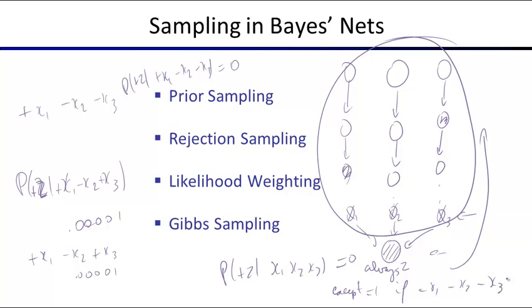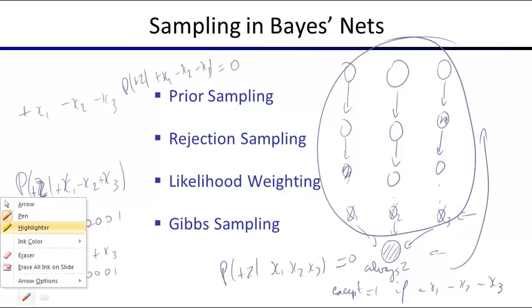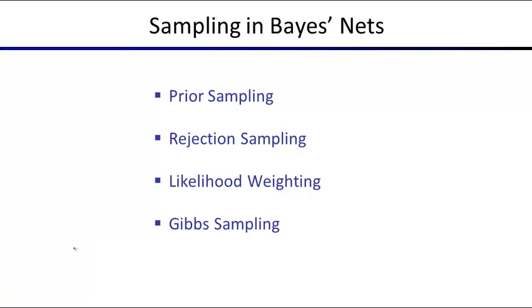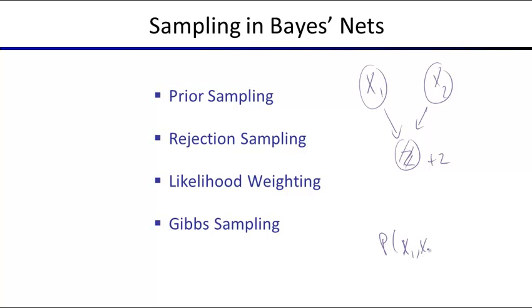Let's look at another example with x1, x2, and z. Z is observed to be plus z, and you're interested in maybe the probability for x1, x2, given plus z.